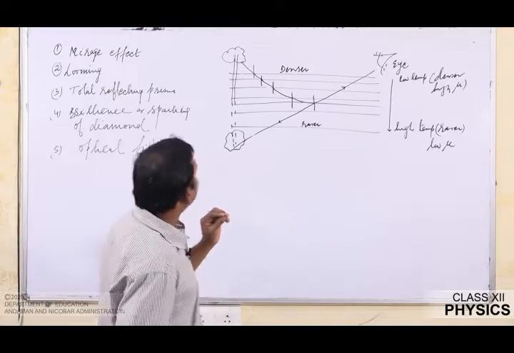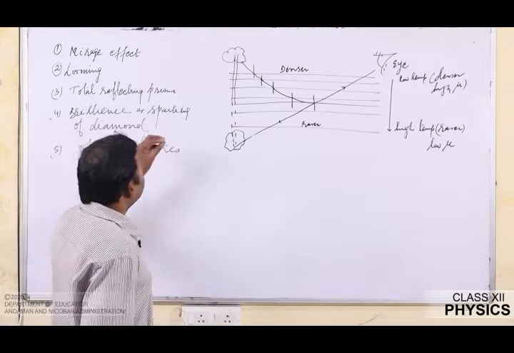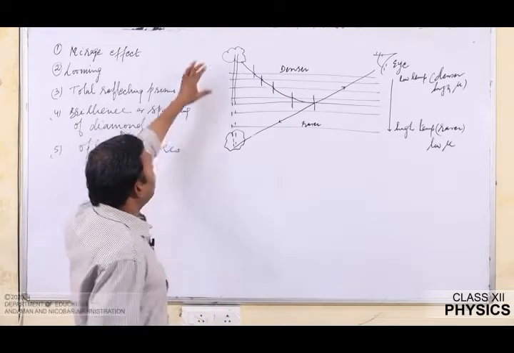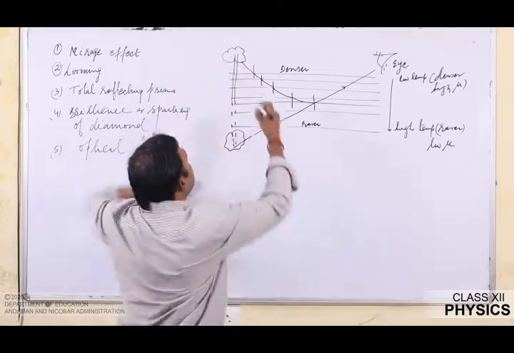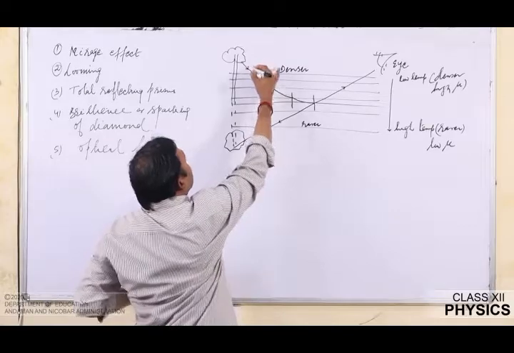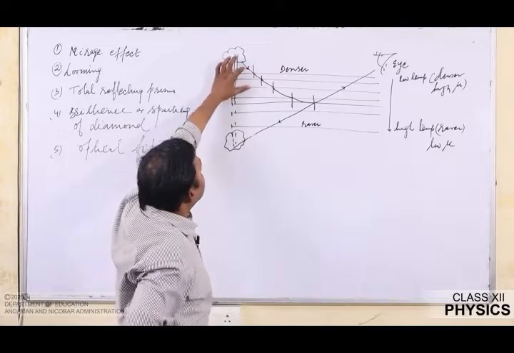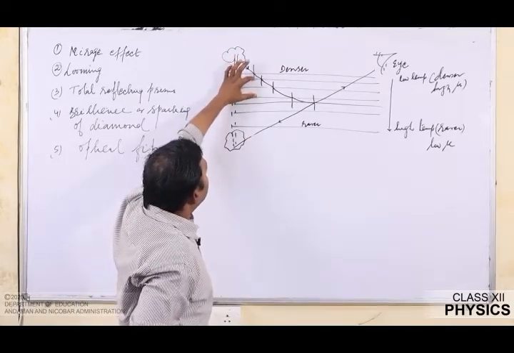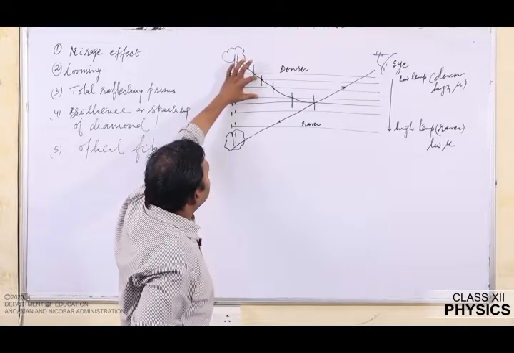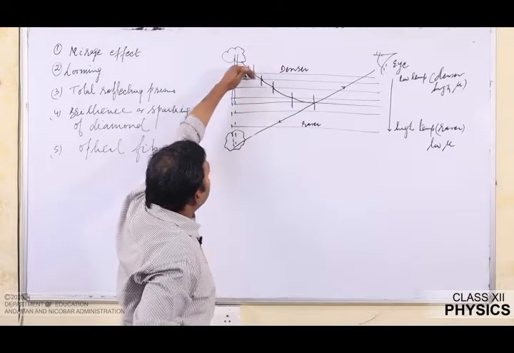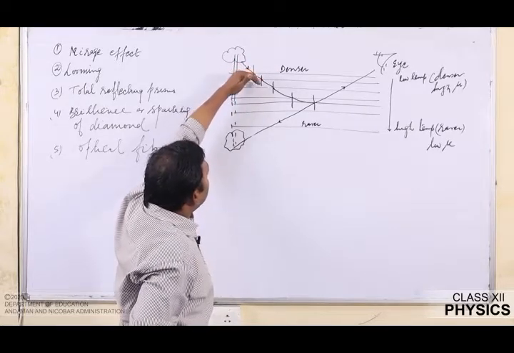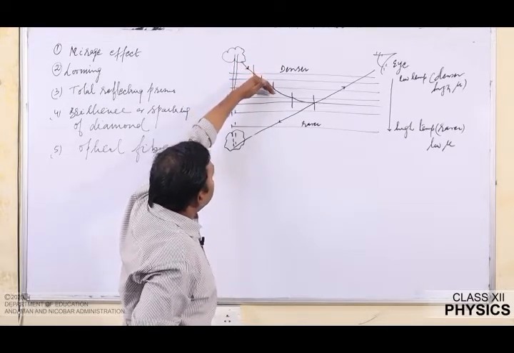Now, according to total internal reflection, the object should lie in the denser medium. Here, if any tree is there in the denser medium, the beam which comes from the tree undergoes refraction. When it enters the first layer, it moves away from the normal because the medium is rarer than the upper layer comparatively, and when it enters the second layer, again it gradually moves away.